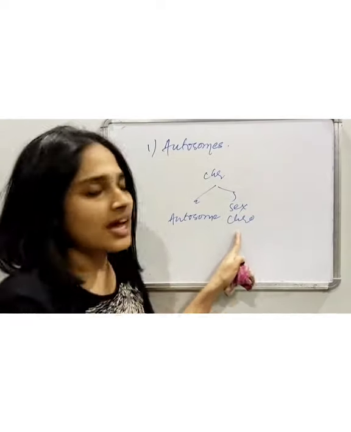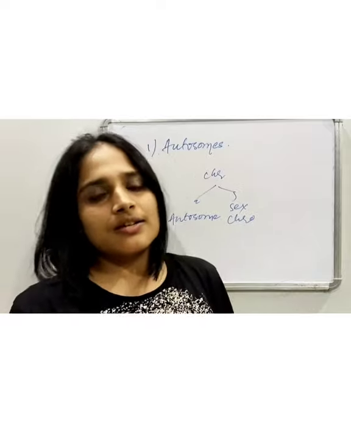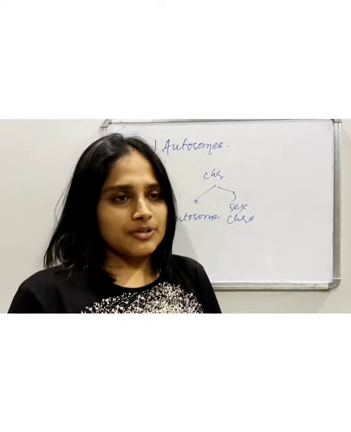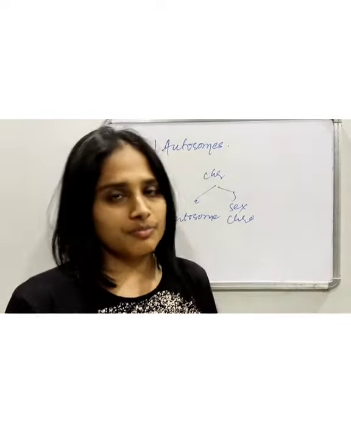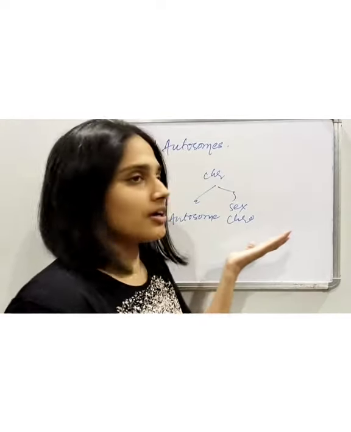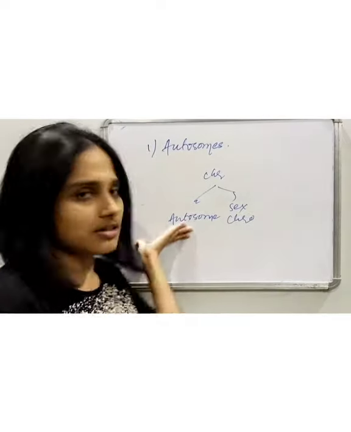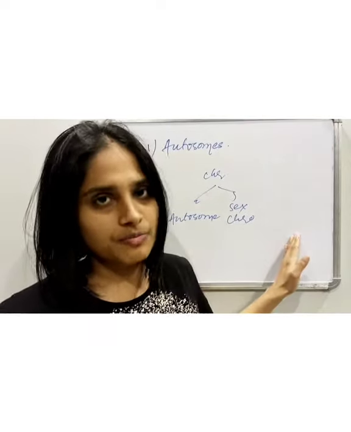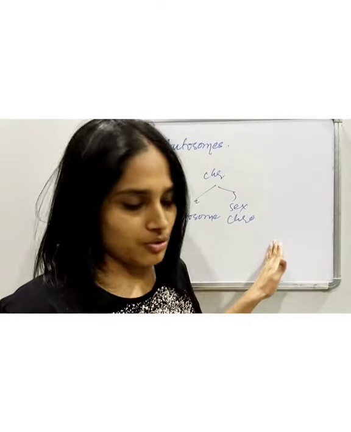Sex chromosomes help in the identification of the sex, whether the organism is a male or a female. There are a number of other chromosomes which are not responsible for sex determination, and they are known as autosomes. So autosomes are all other pairs of chromosomes which are different from the sex determining chromosomes.